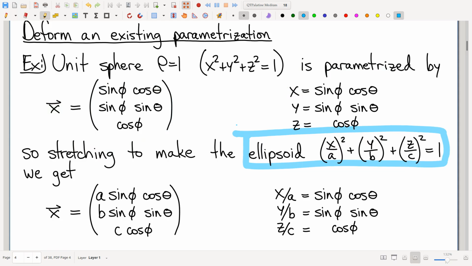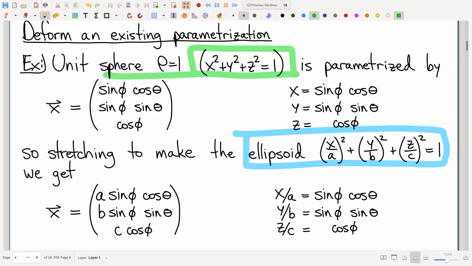That ellipsoid is not the same as a sphere, but it has a very similar equation. You look at these two equations, they're not that different, and we talked in the past about how you can tweak equations to turn a surface into a similar surface.